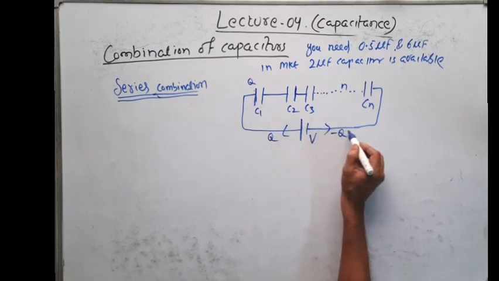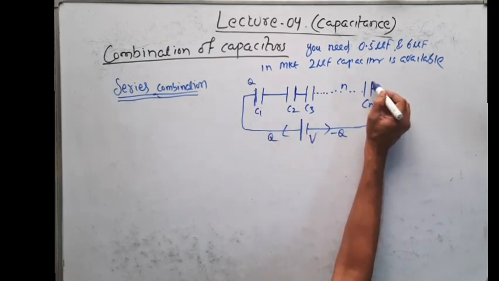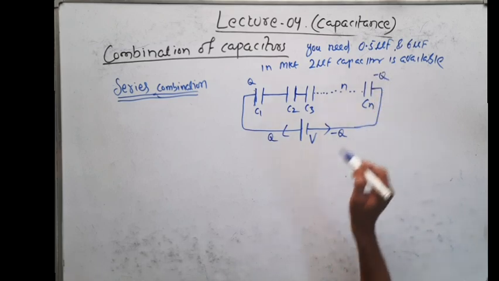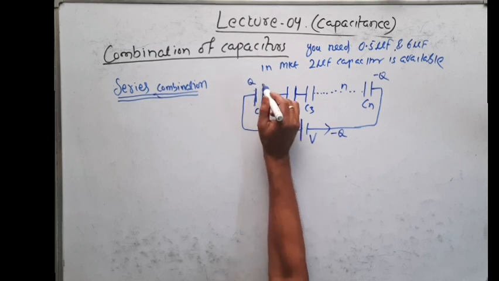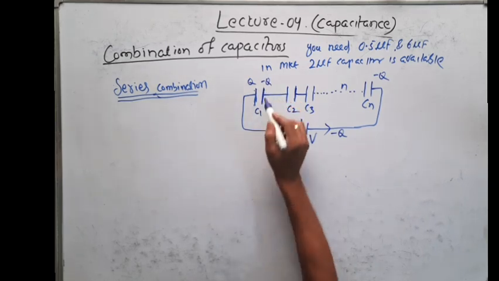Similarly, the minus Q charge will come to the last plate, so here the charge will be minus Q. Now this plus Q, with a dielectric or insulating medium, will induce a charge of minus Q on this plate.